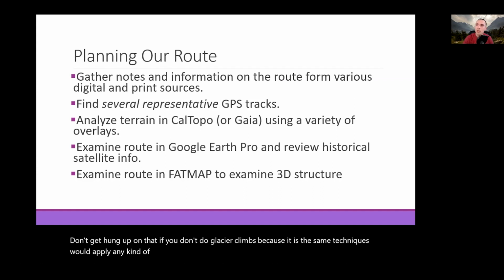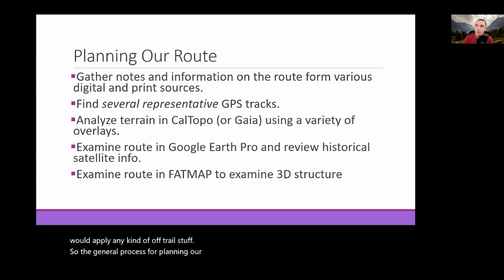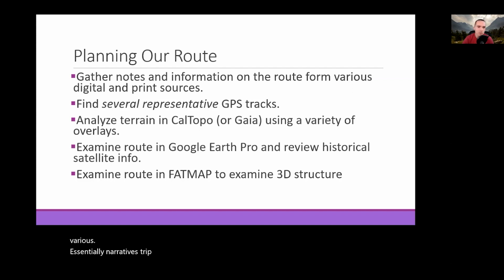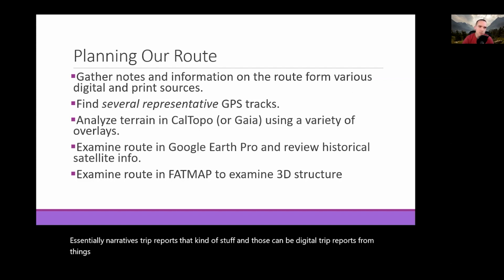So the general process for planning our route is, the first thing we want to do is consult various narratives, trip reports, that kind of stuff. Those can be digital trip reports from things like Summit Post or WTA or Peak Bagger, or they could be print sources like guidebooks.